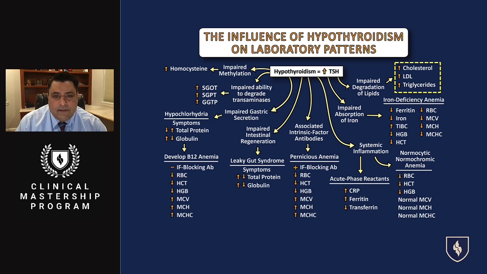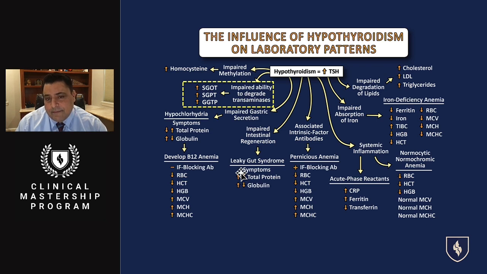Another common thing when someone's in a hypothyroid state where TSH is high is that their transaminase levels are elevated as well. And SGOT, SGPT, GGTP are improperly referred to as liver enzymes. They are not liver enzymes, they're transaminases. The reason I say that is SGOT, SGPT, and GGTP are found in virtually every major tissue of the body.